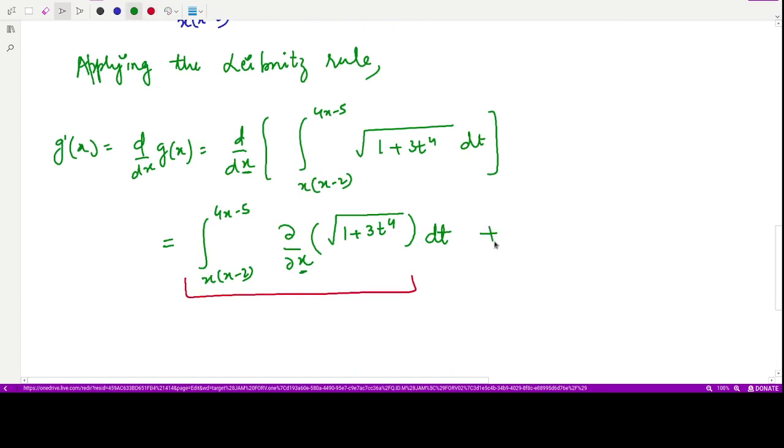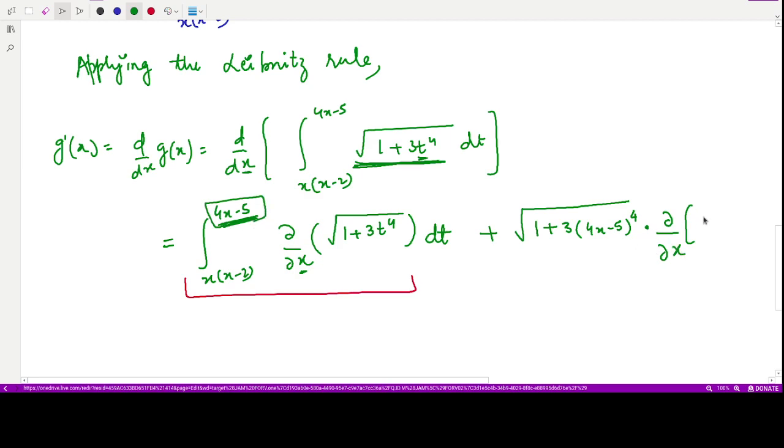We have plus the function, and in place of t we are going to write the upper limit, so it would be the square root of 1 plus 3 times 4x minus 5 raised to power 4. So in place of t we have written 4x minus 5, and now we have to multiply this with the partial derivative of the upper limit, 4x minus 5, with respect to x. We'll solve that later on.